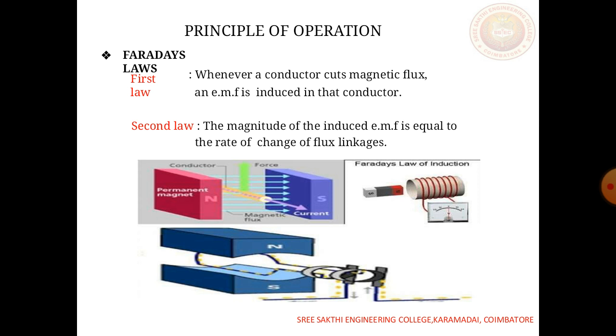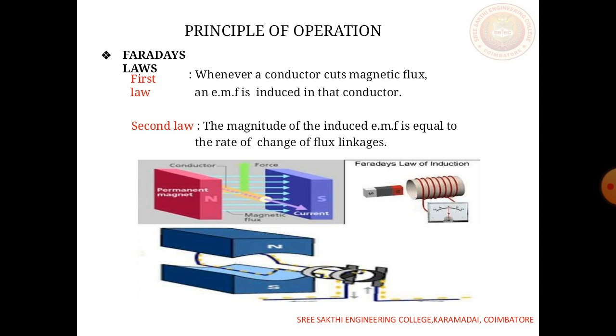We keep two magnets facing each other with different poles, so a magnetic flux is generated, and due to that an EMF is induced in the conductor. The second law is that the induced EMF is equal to the rate of change of flux linkage. How the flux linkages change will be reflected in the induced EMF. This is the second law of Faraday.